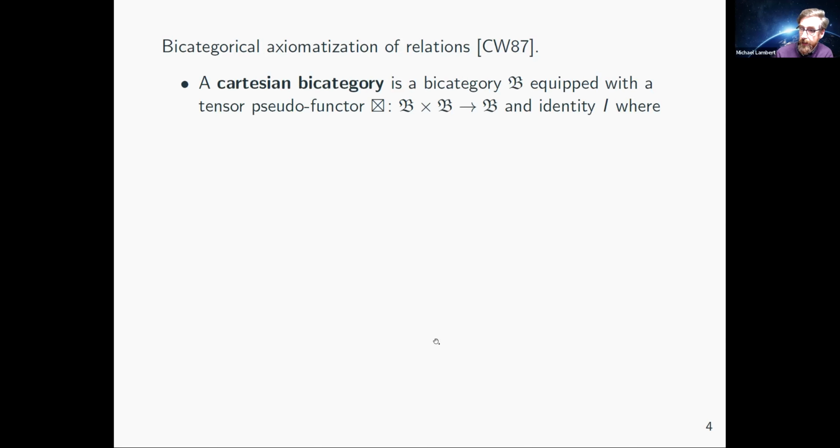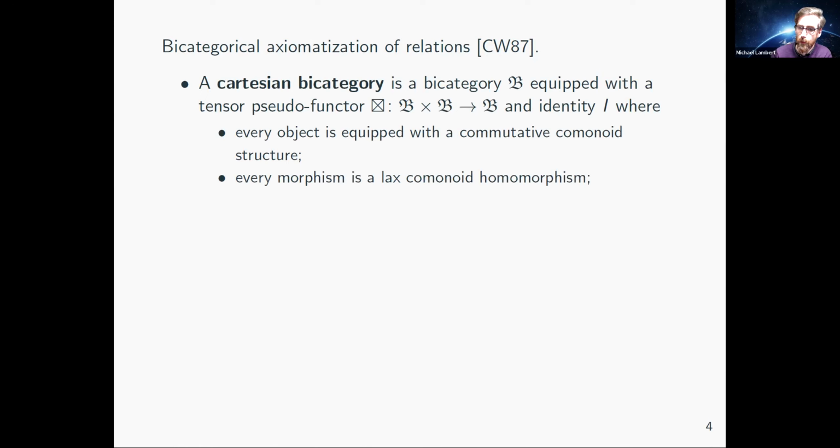They start off with this notion of a Cartesian bicategory, which is a bicategory equipped with a tensor pseudo-functor and an identity object. Under this tensor, we're asking that every object has the structure of a commutative comonoid. Every morphism is a lax comonoid homomorphism. The structure maps have right adjoints in the bicategory. And there's a certain uniqueness condition as well, which I won't labor.